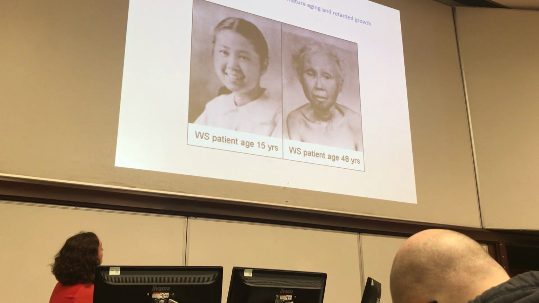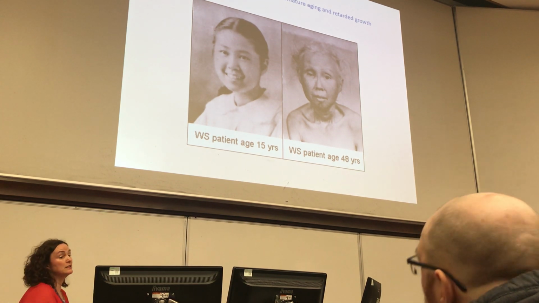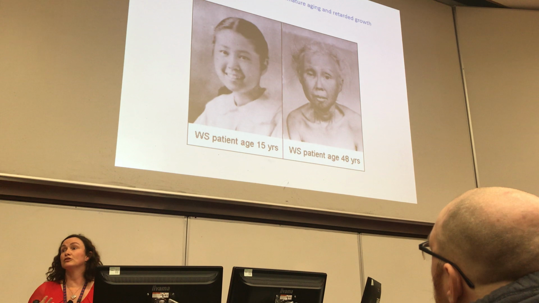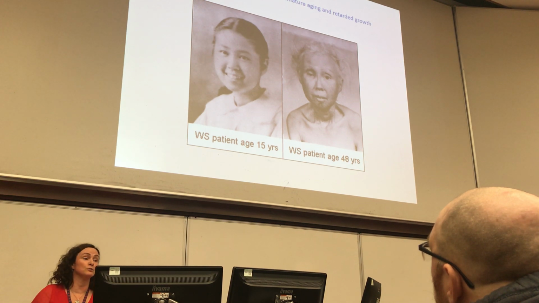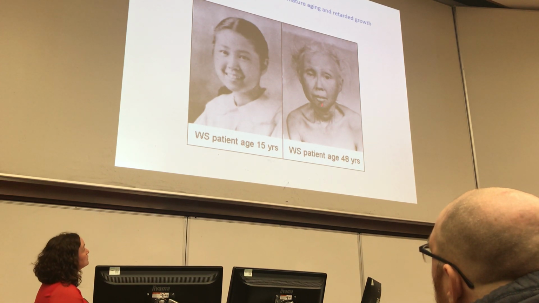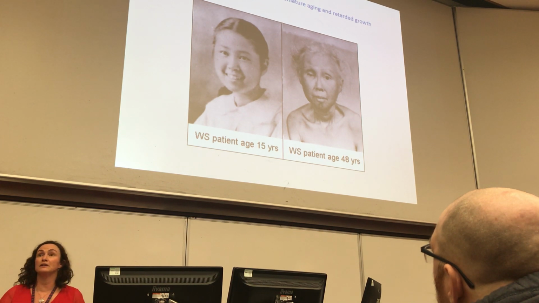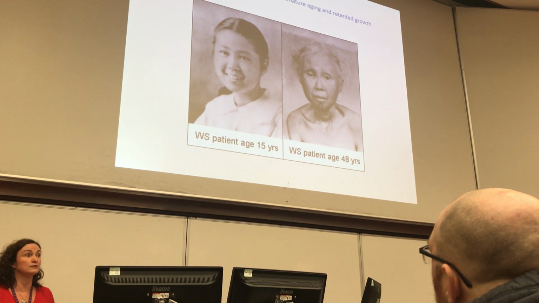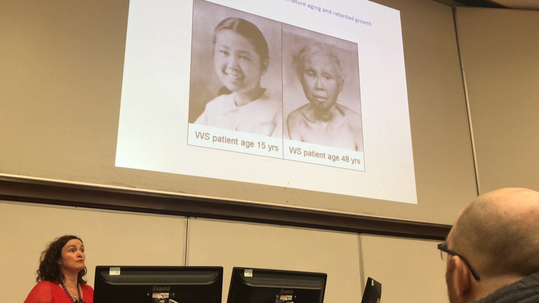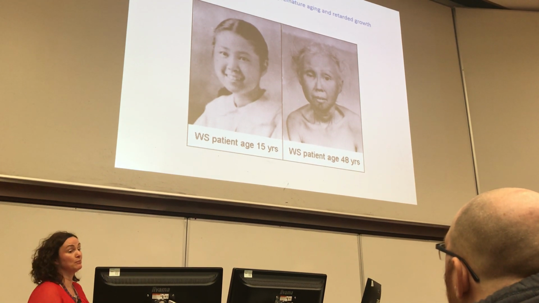And as you can see with this individual here, at 15 years of age, she's looking as any 15-year-old would look. And then at 48 years of age, you can see the significant deterioration that's occurred as a result of not having these DNA repair enzymes functioning properly.